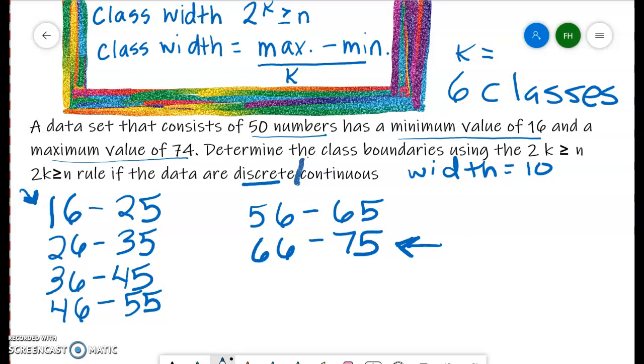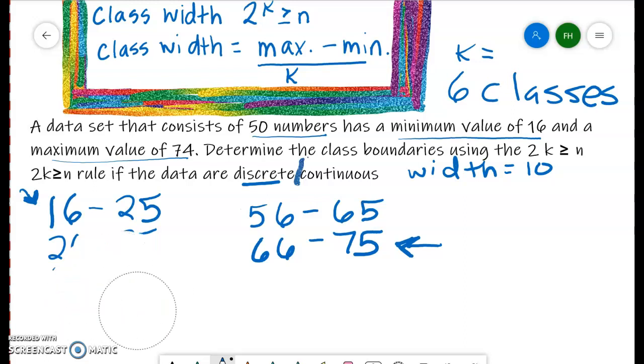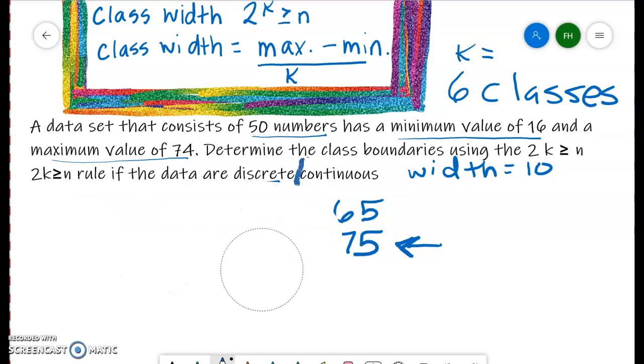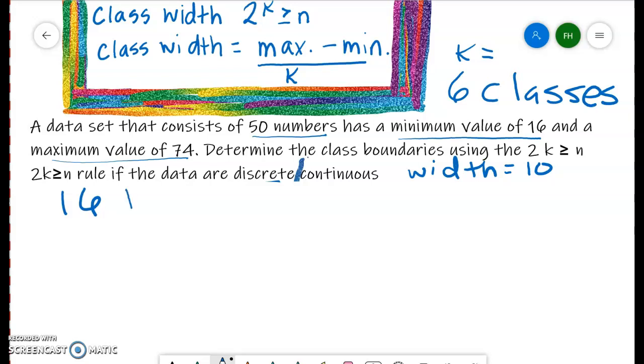Now let's talk about continuous. Continuous is something that can be measured, like weight or time. So that's just an example. We would still start with 16, but instead of saying 16 to 25, if we want 25 included, we're going to say 16 to under 26, because we still have that width.